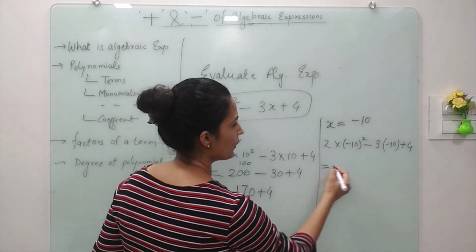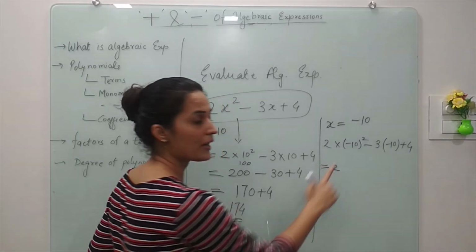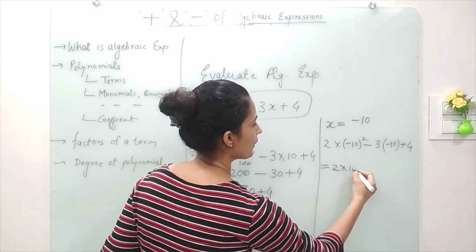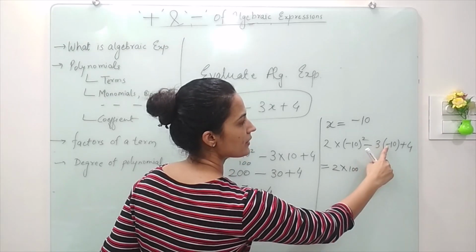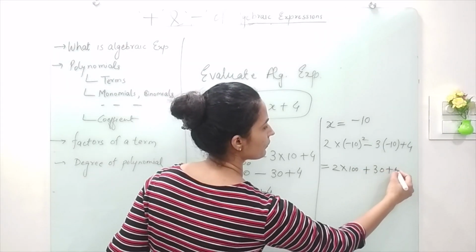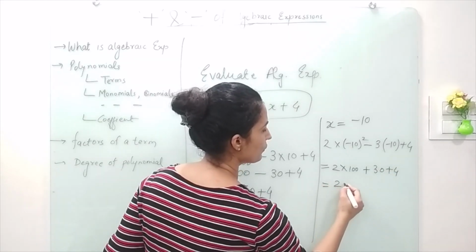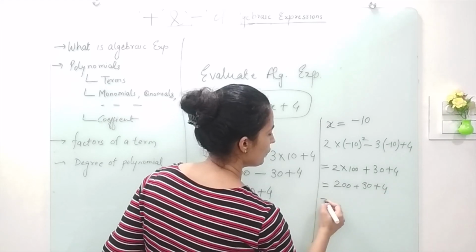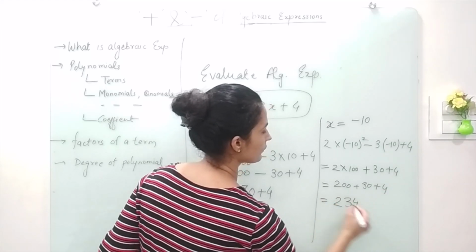So this is equal to 2 into 100, because minus 10 multiplied by minus 10 will be 100. Now here this is minus into minus, and minus into minus is plus, so plus 30 plus 4. So this is equal to 200 plus 30 plus 4, which is equal to 234.